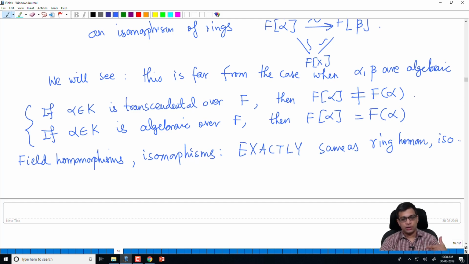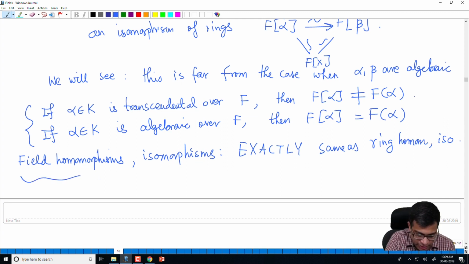One has to go to one, and so if you have two fields F and K, a homomorphism is basically just a map of them as rings. It will automatically be a homomorphism of the multiplicative group also. Similarly, a field isomorphism is nothing but a ring isomorphism. It is a field homomorphism, so it's a ring homomorphism and it's bijective.